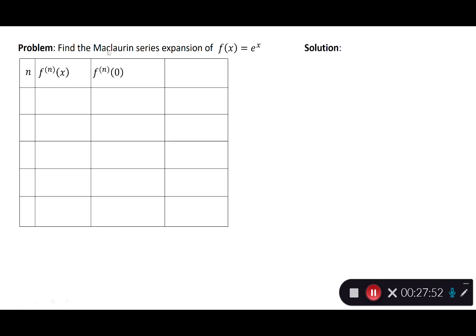However, if you're talking about a Taylor series, somebody has to tell you what a is, and you evaluate at that given a. Okay? And finally, c sub n is f to the n of 0 over n factorial. So first make a table and write down these 4 things immediately.